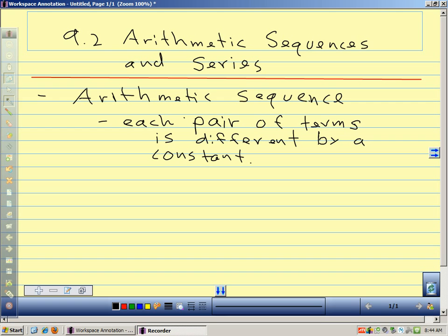And the way we write that is a sub n equals a sub n minus 1 plus d, some constant. And we call d the common difference.